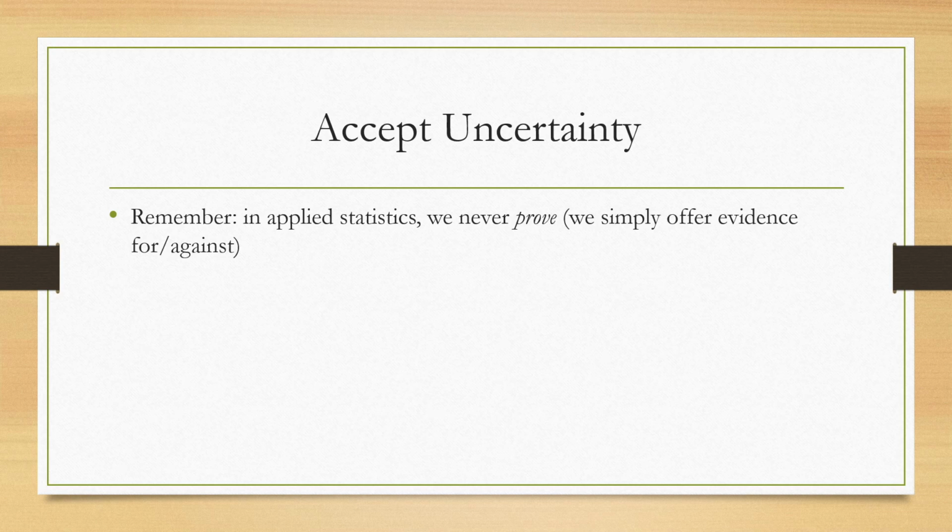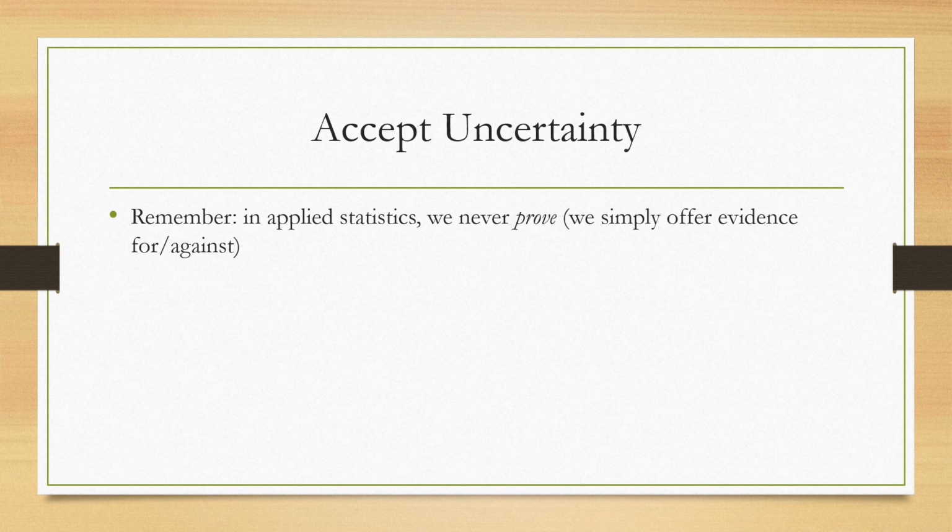We're using few to make a decision regarding the characteristics of many, most of which we have never studied or looked at or met or even known. And there's always error possible in that. So in applied statistics, we never prove.